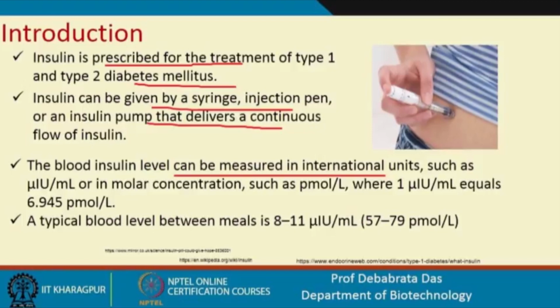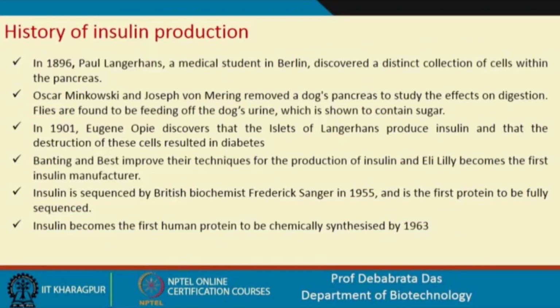Now, let us talk about the history of insulin, how it has developed. In the year 1896, Paul Langerhans, a medical student in Berlin, discovered a distinct collection of cells within the pancreas that he isolated and identified.